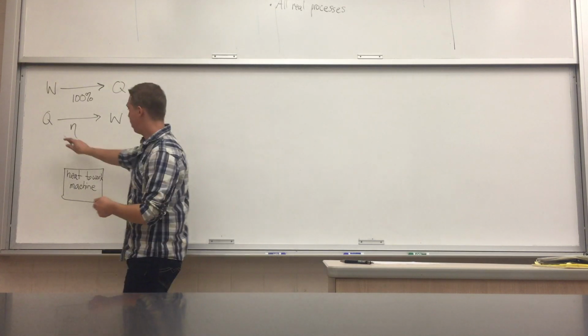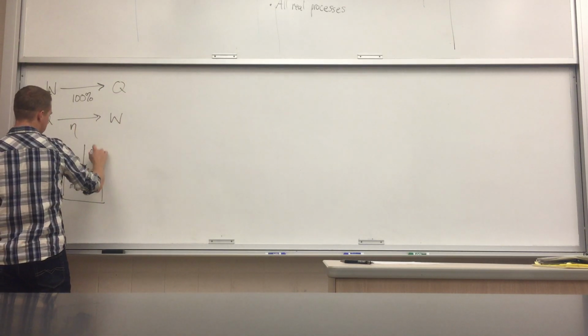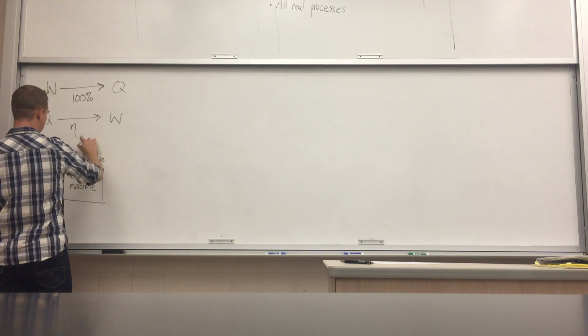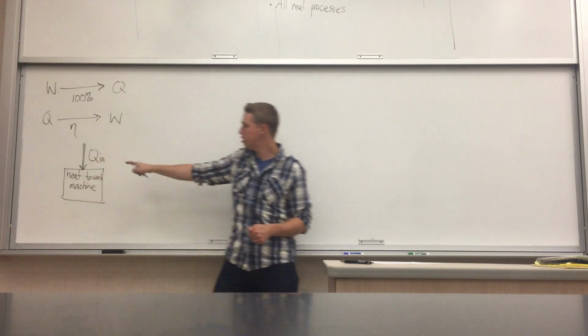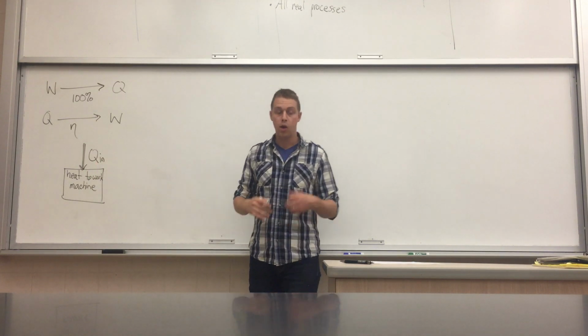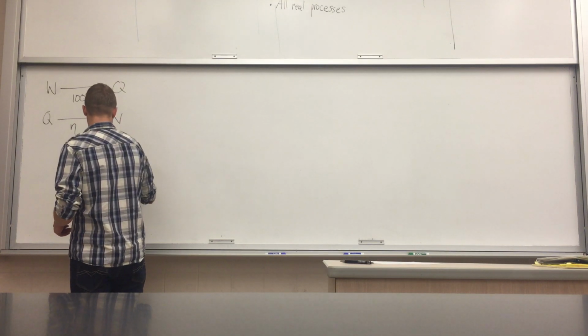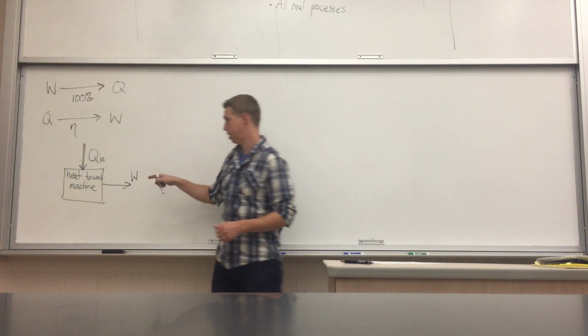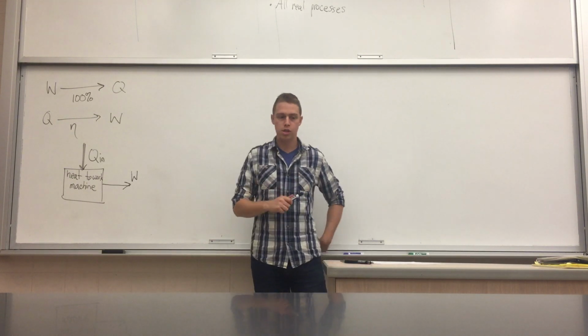So we know that for a heat to work machine, we would like some Q in, some heat to flow in, all right? So this heat is going into our machine. We know that out of our machine, we're going to get some work, because that's what we're doing, converting heat to work. Now, where does this intuition come in?